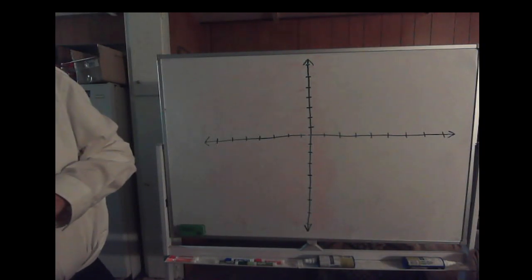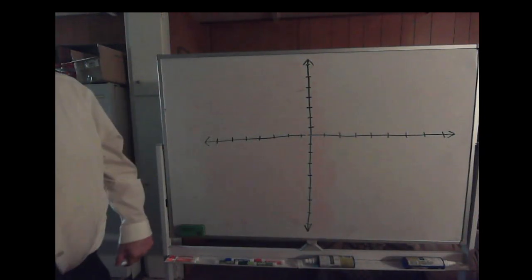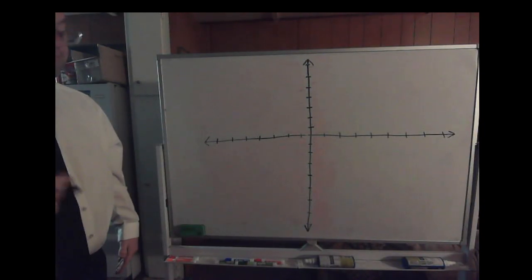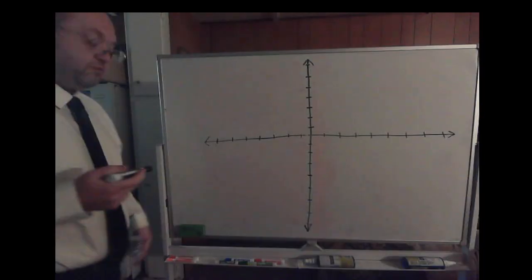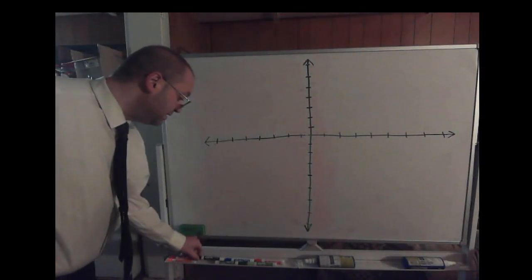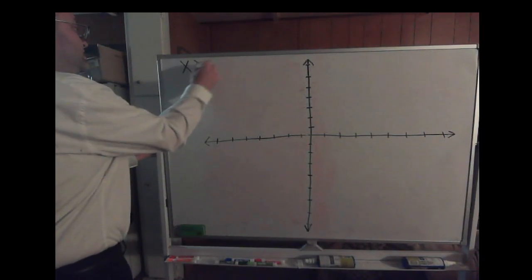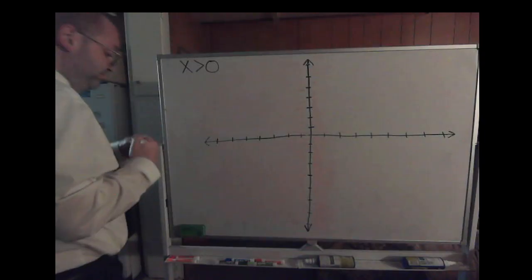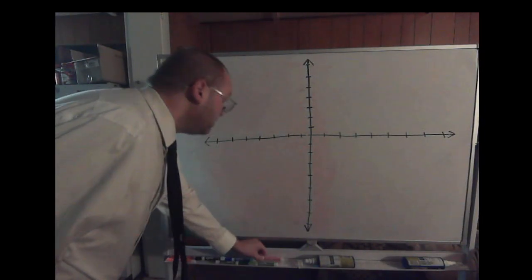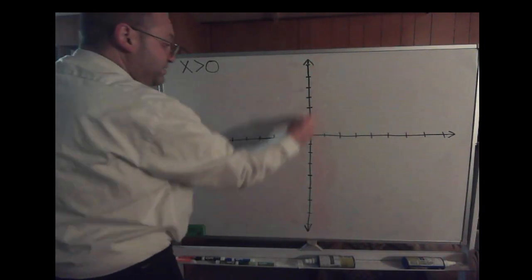No, I think we've seen those types. This has me doing x is greater than 0. So x is greater than 0. Well, what you would do next is draw a dotted line through x equals 0.